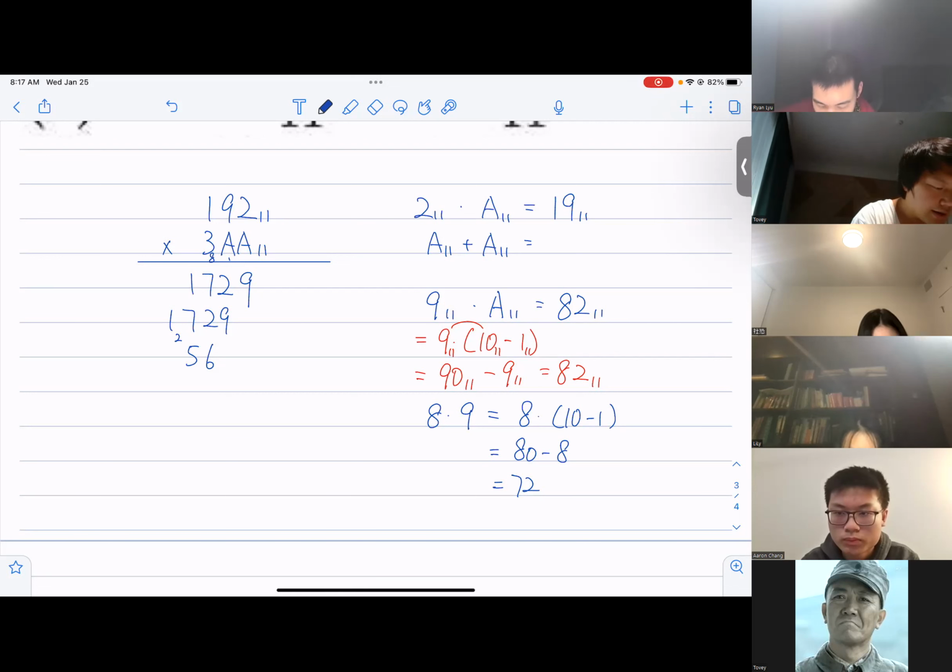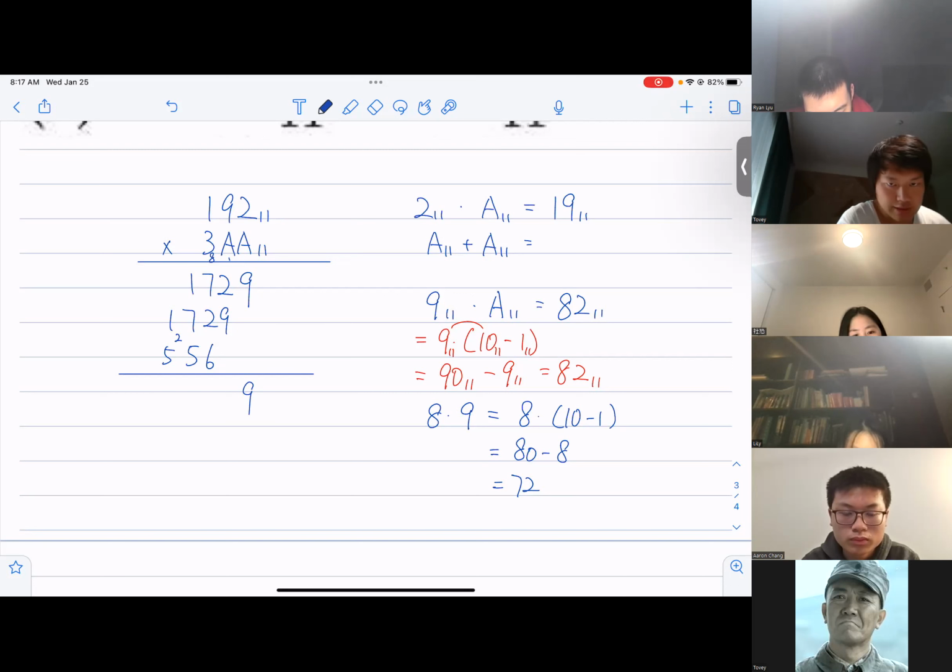And in the end, you have 1 times 3 plus the 2, you have a 5 here. And eventually we do some addition. 9, just drop down. 2 plus 9, that's 11. And you happen to have 11, so you just get a 0. Carry over.